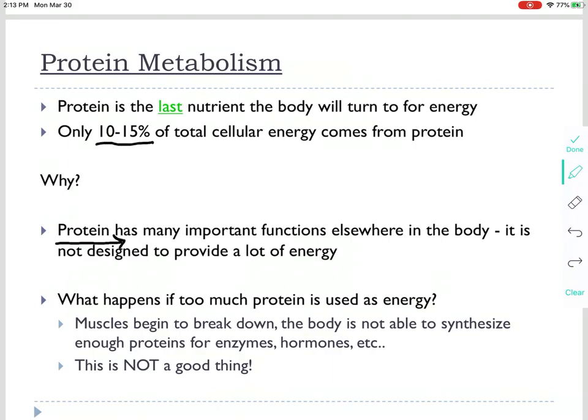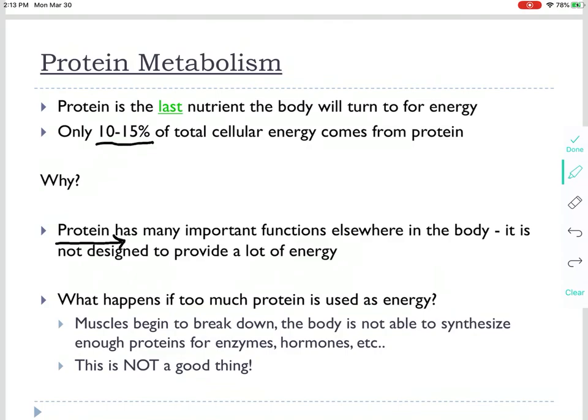We need protein to do its other jobs. Remember protein? Protein helps us give structure to your over 600 skeletal muscles. Protein helps to give us structure to our largest organ, the skin. Protein gives structure to hair, nails, ligaments, tendons. Protein we need to form a whole bunch of important chemicals in our body.